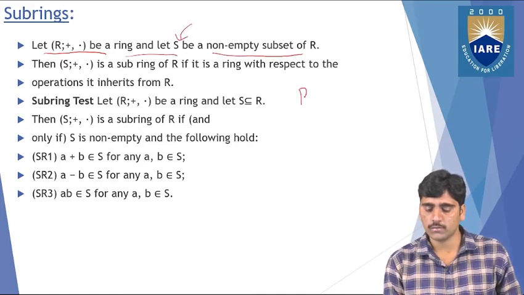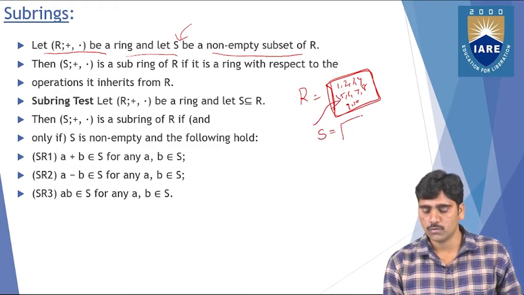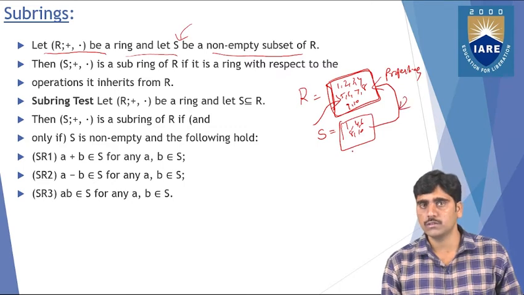Suppose R equals 1, 2, 3, 4, 5, 6, 7, 8, 9, 10, and from this ring you can create another subring S equals 1, 4, 6, 8, 10. Whatever properties the ring has, the subring can have also.